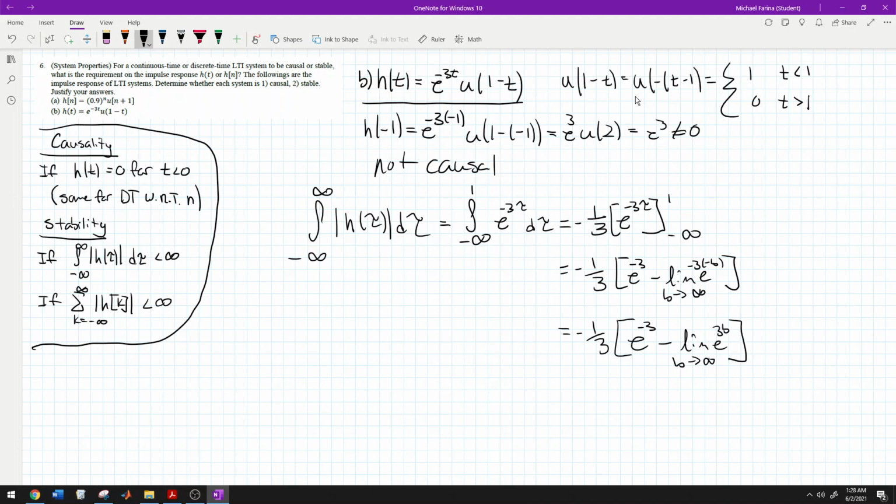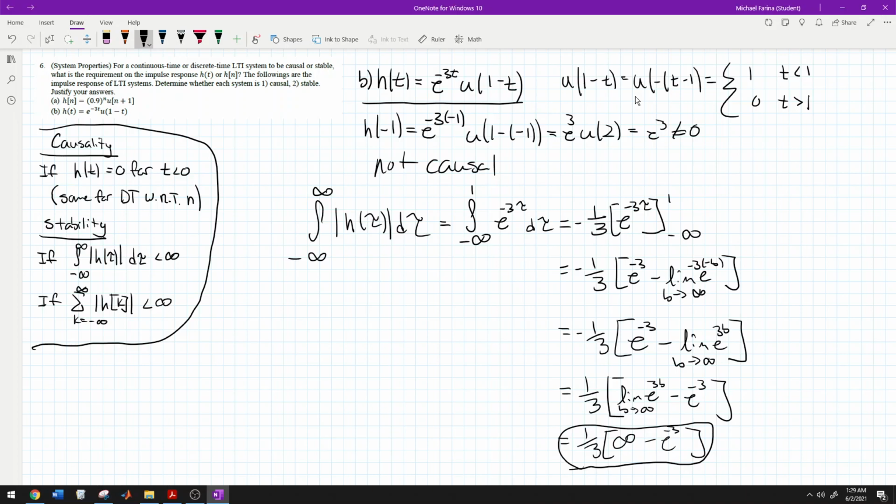Let's distribute this minus sign. We get 1 over 3 times the limit as b goes to infinity of e to the 3b minus e to the negative 3. And this limit is equal to 1 over 3 infinity minus e to the negative 3, which isn't technically proper mathematical notation, but that is not less than infinity. So it's not stable.